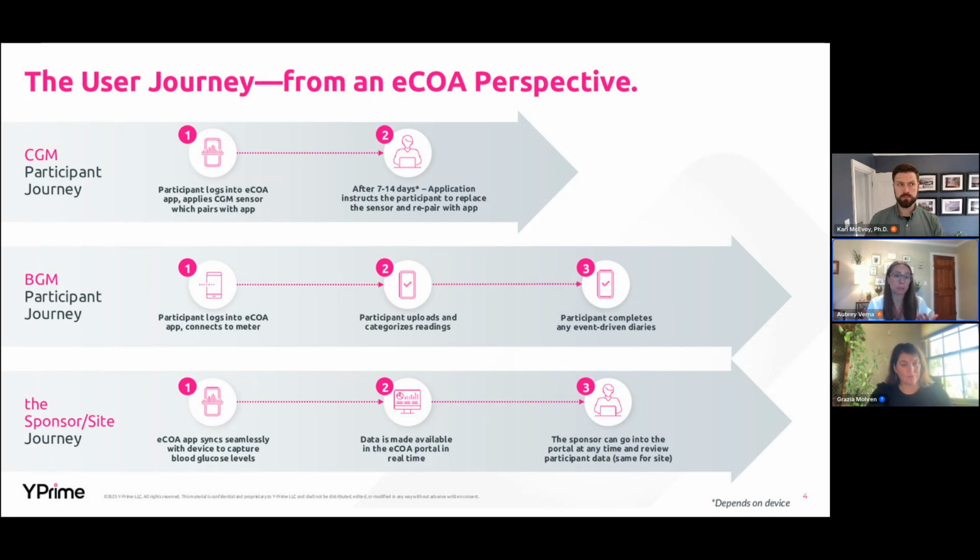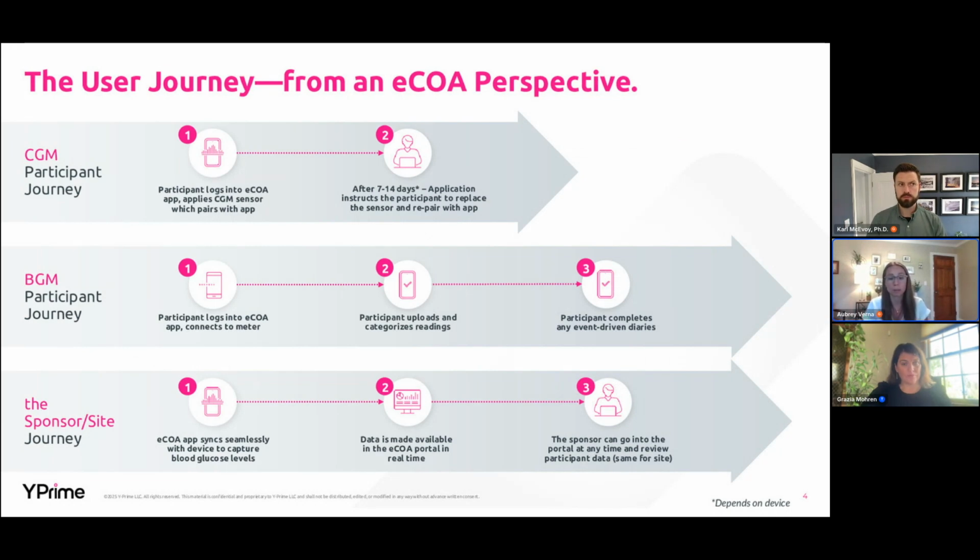From a CGM perspective, the participant or patient is going to have the CGM sensor. They're going to insert that sensor into their skin and pair it with the eCOA application. Then they're going to wear that sensor and have the system passively collect data over a period of 7 to 14 days, plus or minus.